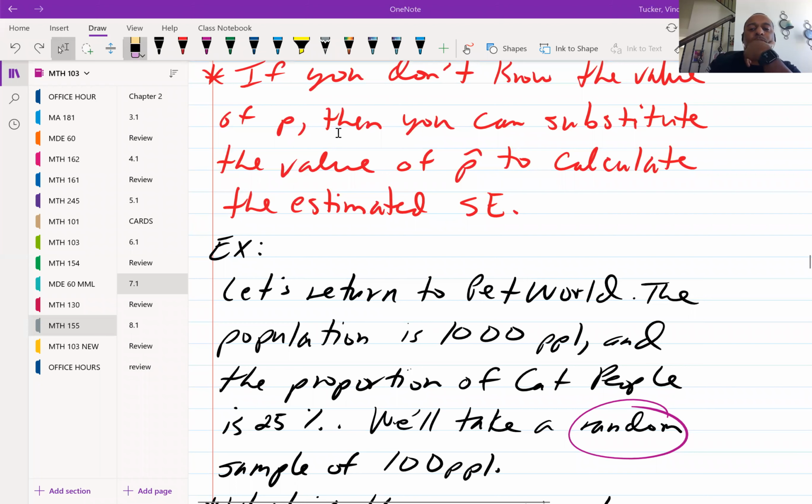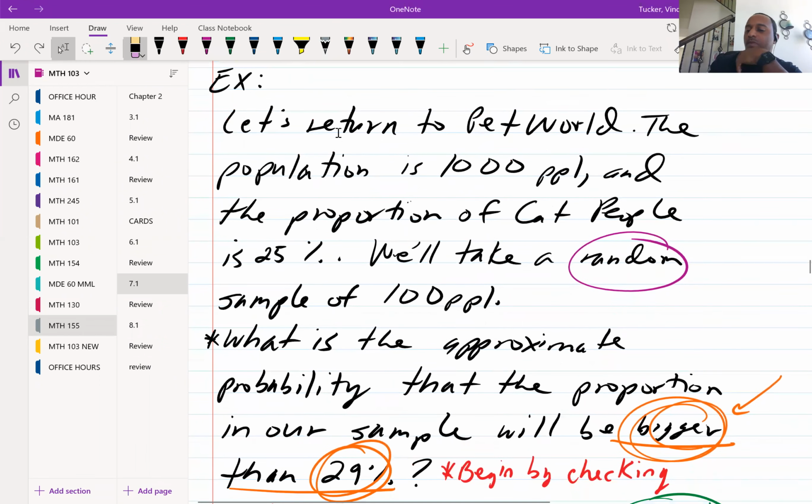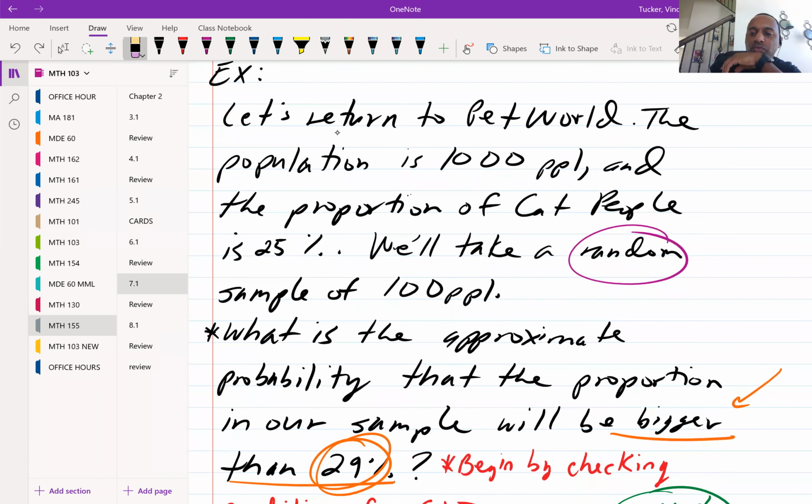All right. Let me erase some of this stuff. So what is the approximate probability that a proportion in our sample will be bigger than 29%?